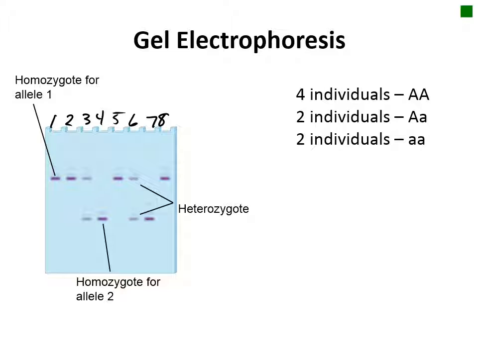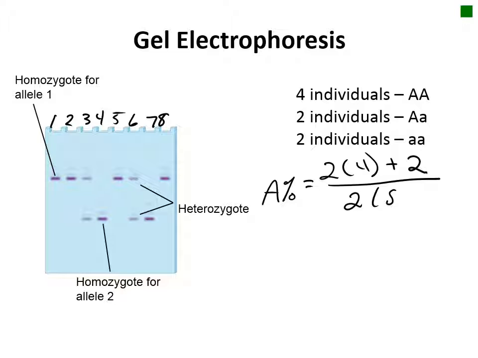From this, we can now calculate the frequency of the dominant allele in the population, just as we did earlier for the frogs. So the percentage of A would equal 2 times our 4 homozygous dominant individuals, plus our number of heterozygotes, divided by 2 times our total population, which was 8, giving us an overall frequency of 62.5%.